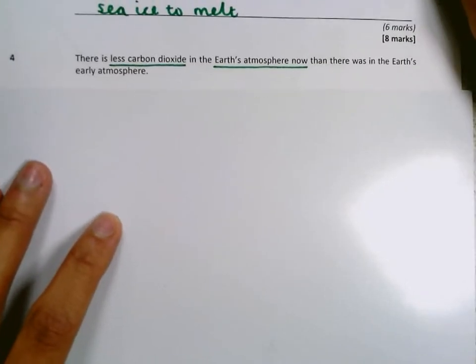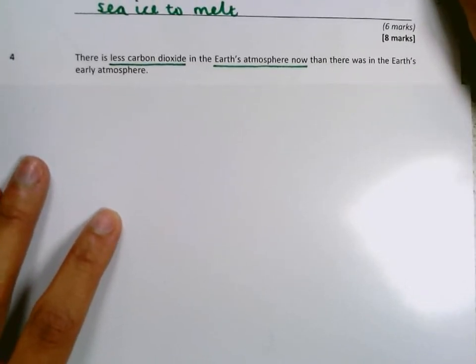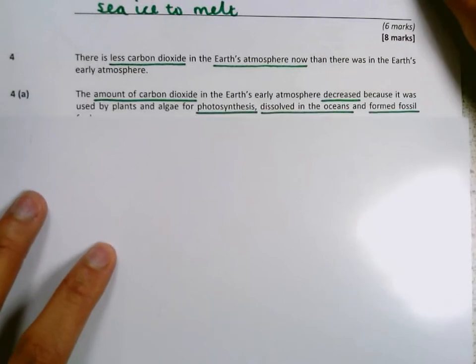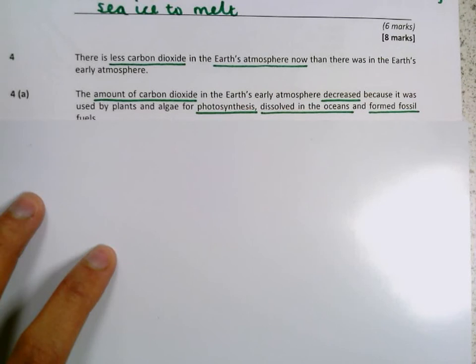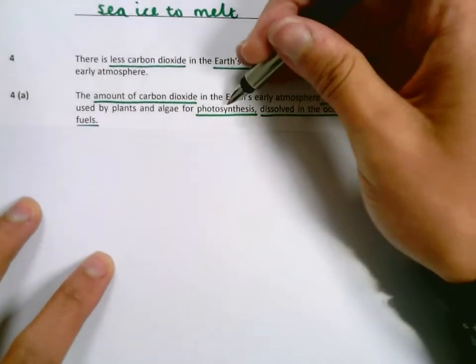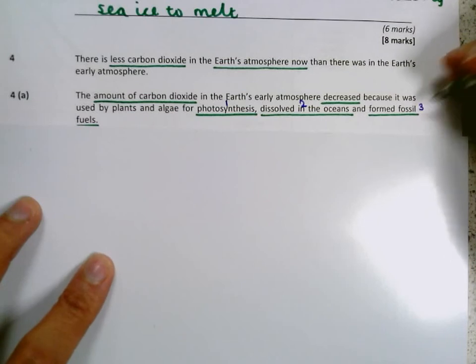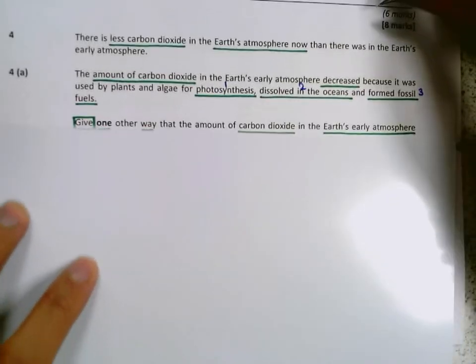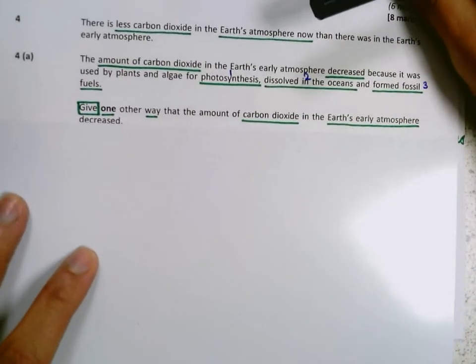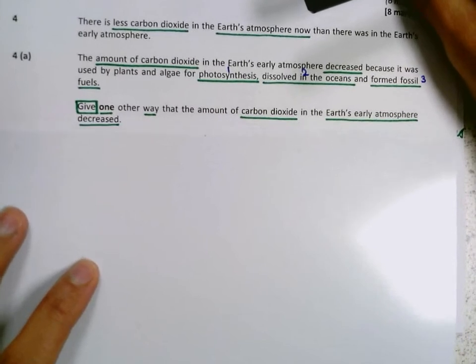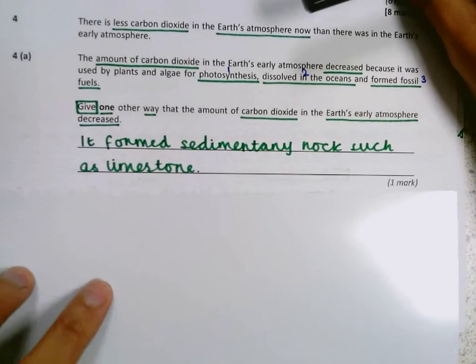There is less carbon dioxide in the Earth's atmosphere now than there was in the Earth's early atmosphere. The amount of carbon dioxide in the Earth's early atmosphere decreased because it was used by plants and algae for photosynthesis, dissolved in the oceans, from fossil fuels. Give another way that the amount of carbon dioxide in the Earth's early atmosphere decreased. It forms sedimentary rocks such as limestone.